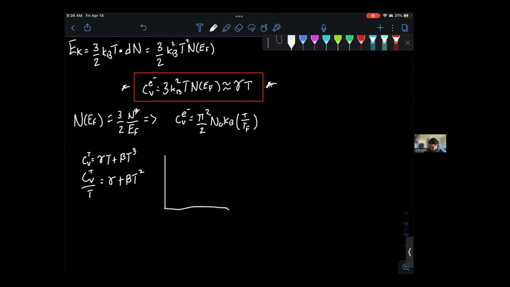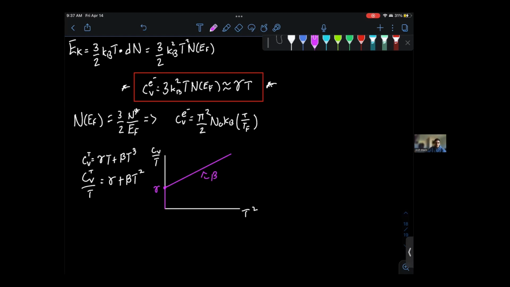Now we're going to plot this as a linear term. So we're going to plot our specific heat capacity over temperature with respect to T squared. If we do this, we get a y-intercept of gamma and then a linear function with the slope beta.